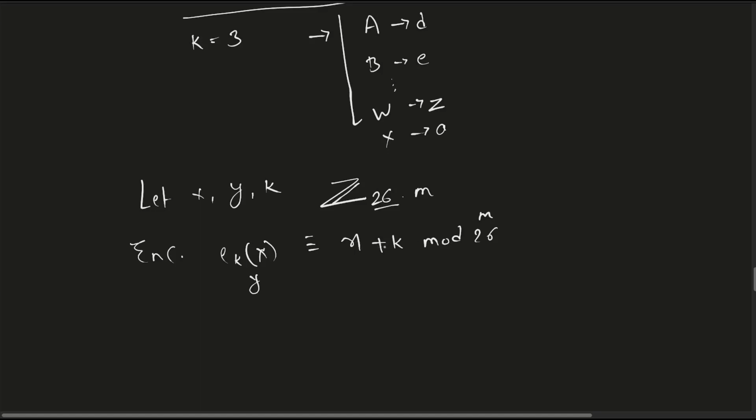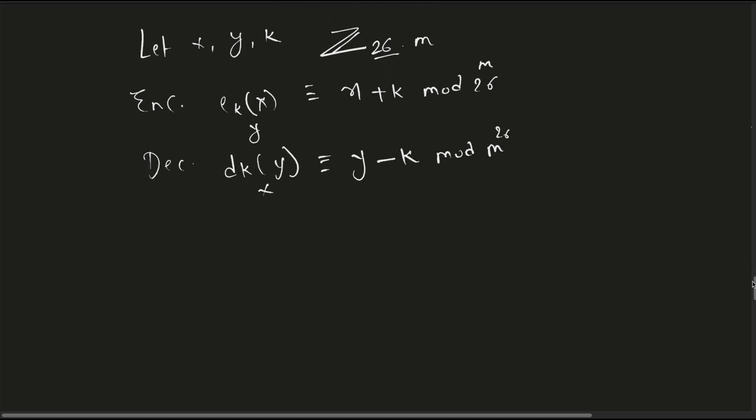The sign becomes minus, so for decryption, converting Y to X, it is Y minus K mod M, where M is 26. So this is the formula for encryption as well as decryption in the shift cipher.